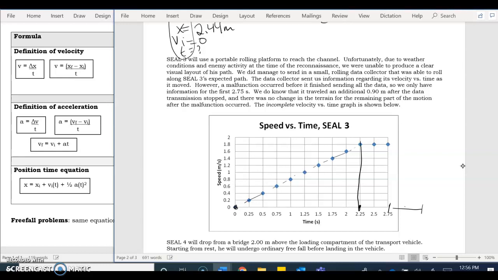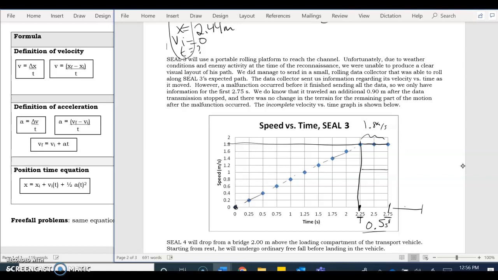Okay, so he was changing his speed. Well, from 2.25 to 2.75, he was at a constant velocity of 1.8. Okay, so right here, he was going 1.8 meters per second for 0.5 seconds. So 2.75 minus 2.25 is 0.5.